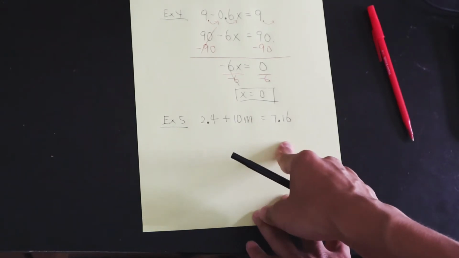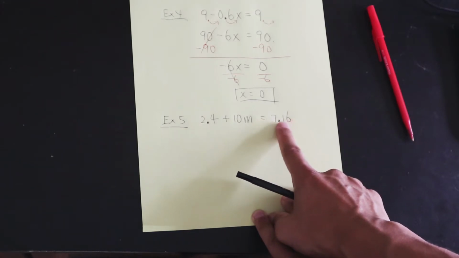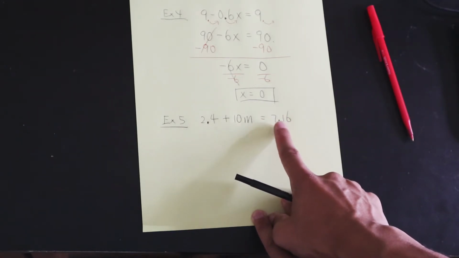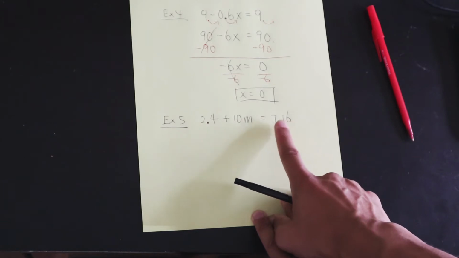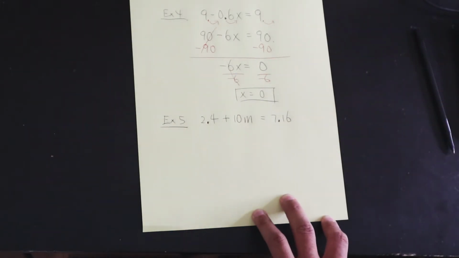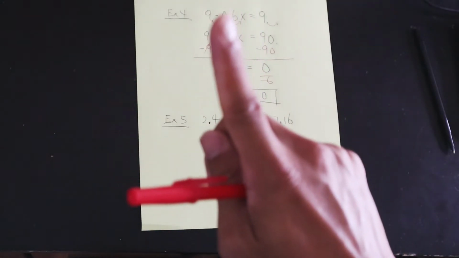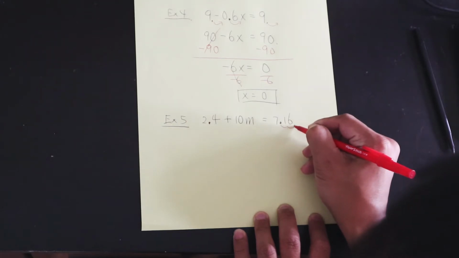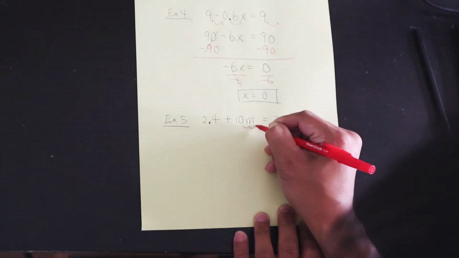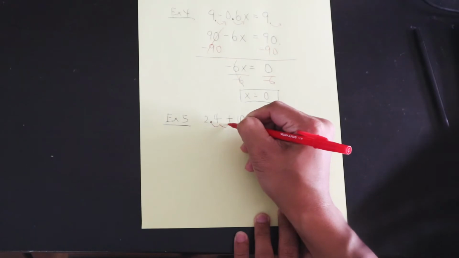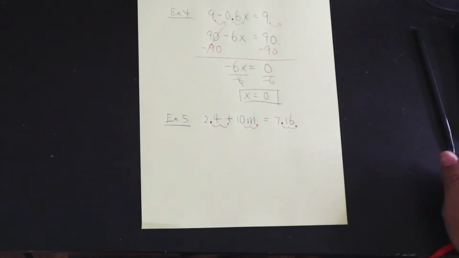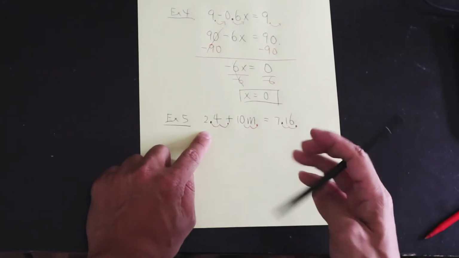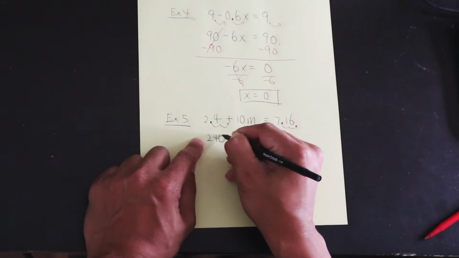What you're going to do is pick the decimal with the most digits after the decimal place. I see that 7.16 has 2 digits after the decimal place. This time, instead of moving once to the right, you're going to shift the decimal place 2 times to the right, and do the same for every single term. So 2.4, once you move 2 times to the right, becomes 240.